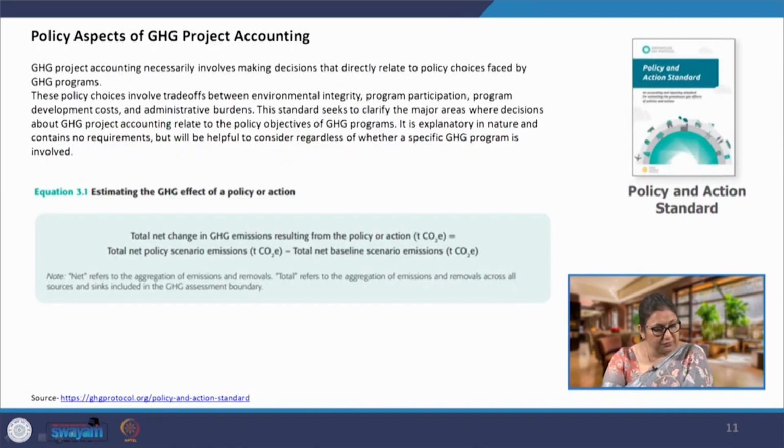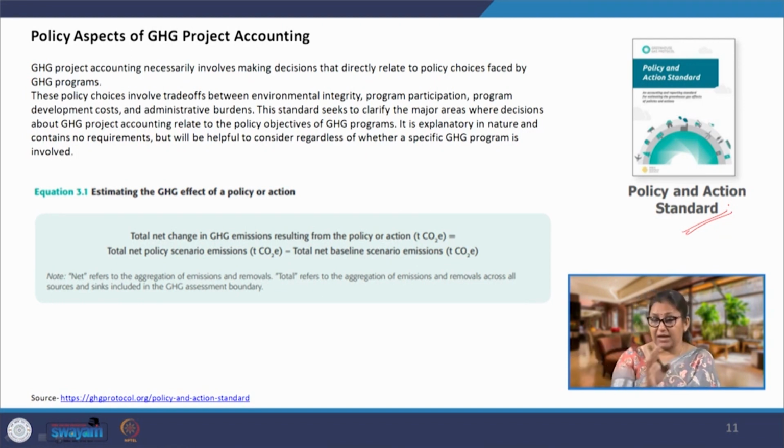Now, if we are talking about the policy aspects in this particular standard, which is about policy and action, as I was mentioning, it is accounting and reporting for the impact of the policy decision directly on the GHG emissions that are taking place.